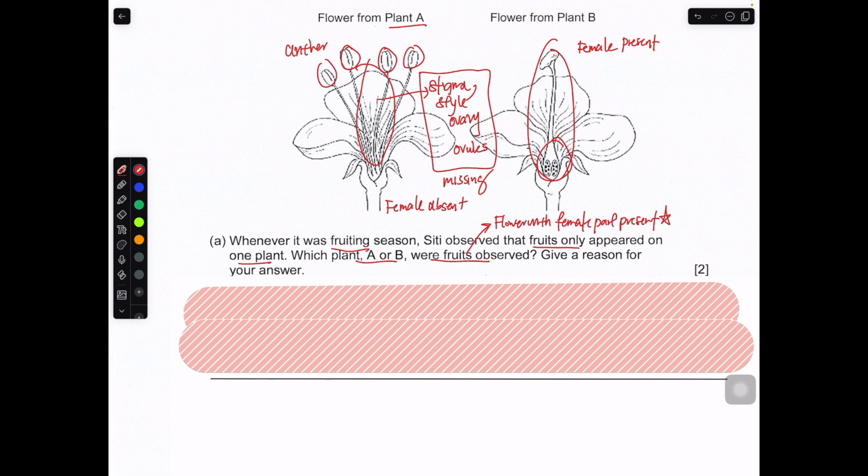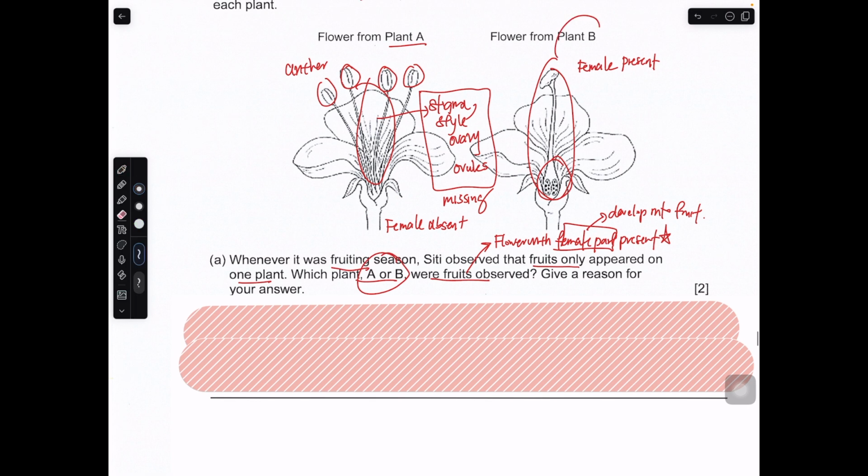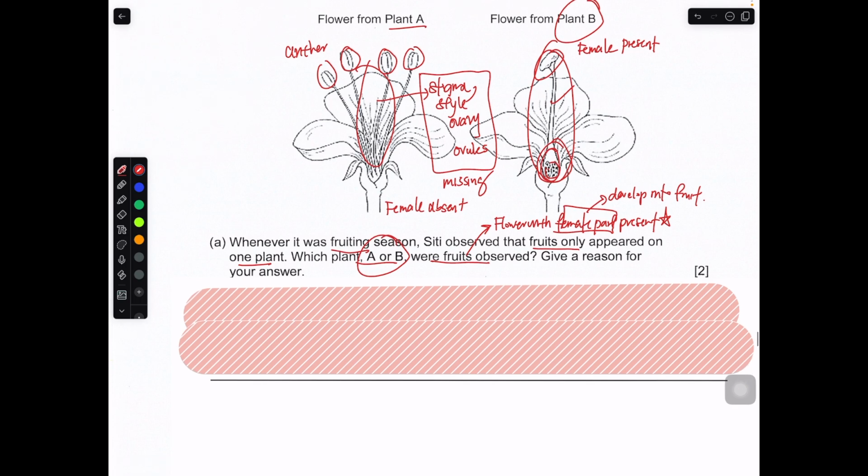This is the key, because the female part is the one that will develop into fruit. This is the case where you can use choice, evidence, reasoning, because they can ask you to make a choice. A or B? It should be B, because B has the stigma, the style, the ovule inside, and the ovary. So with that you can have pollination, you can have fertilization. When you have these two things, you can develop into your fruits with seeds.